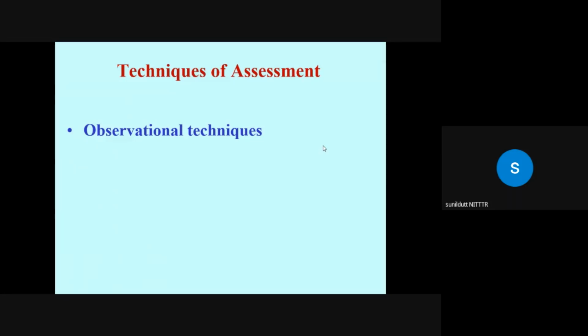Observation of the student as they participate in, say, ongoing classroom activity, or in the practical laboratory or in the workshop or any learning activity, is one of the most effective techniques of assessment to ascertain the extent to which the learning outcomes are being attained by the student.